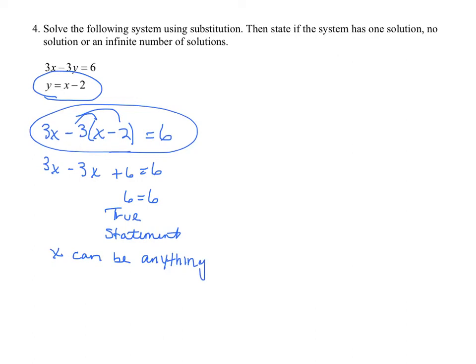So let's think about what y could be. Let's say I chose x to be 5, then y would be 5 take away 2, which is 3. So any relationship that connects the x and y appropriately will be a solution. In fact, if I plug in 5 for x and 3 for y, the first equation will also hold true.